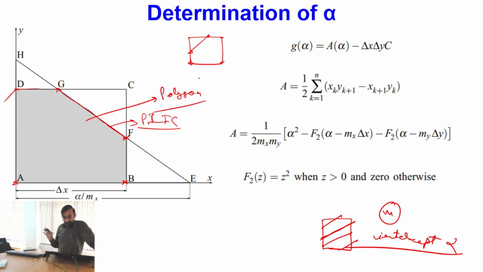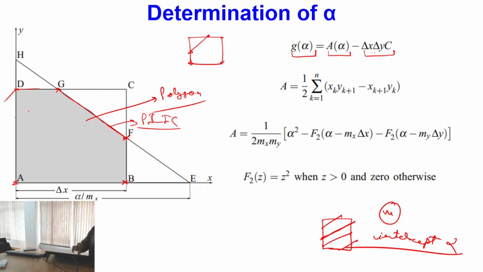So to understand where this line is to be placed, we need to minimize this function g of alpha, which is equal to A of alpha minus delta x delta y into c. What is delta x delta y into c?